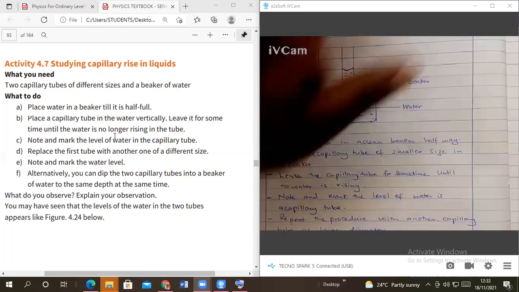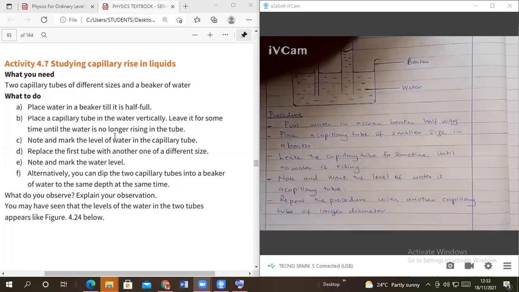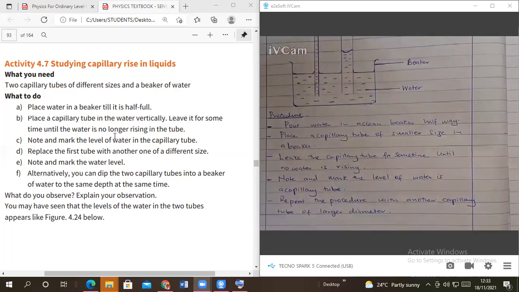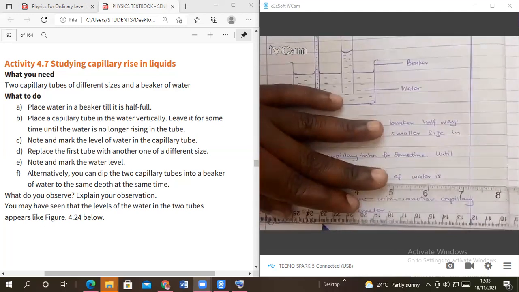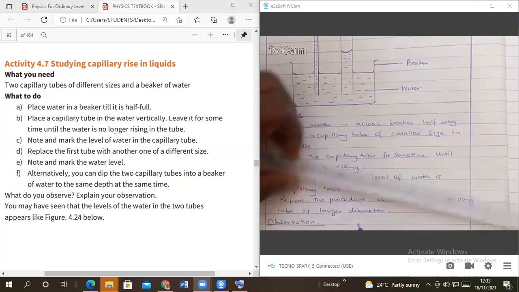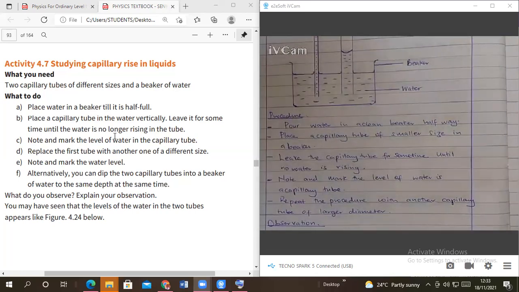So what are you going to observe? What will be our observation? And we are going to write also the explanation to our observation. If we have these two capillary tubes dipped in water like that, what is our observation?